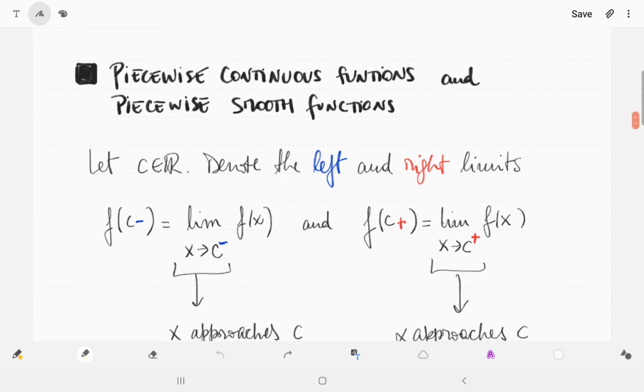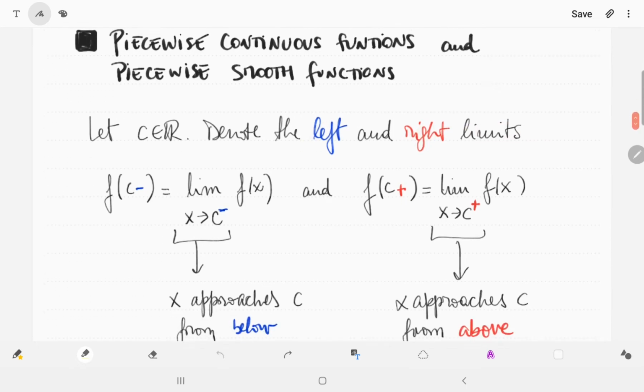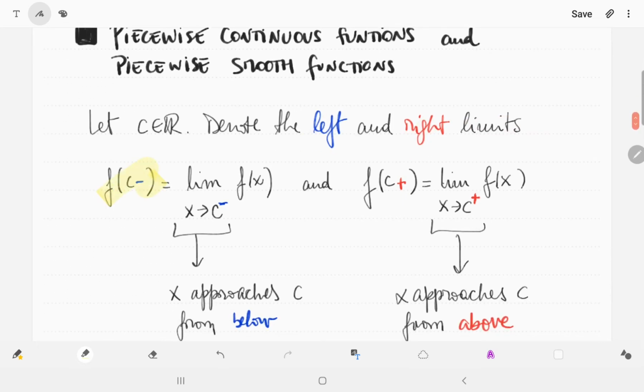Okay, so we have a number C, and we denote the left and right limits with this notation. f(C-) would be the limit of f(x) where x approaches C from below, and f(C+) will be the limit of f(x) where x approaches C from above.